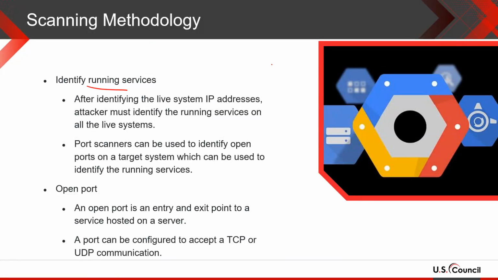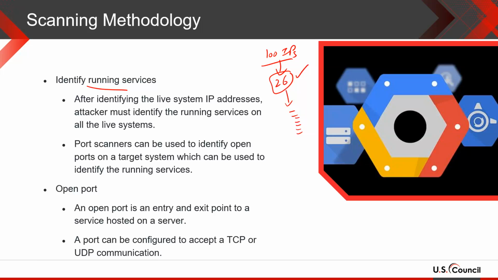So now let's say out of some 100 IP addresses in the range, a hacker has found 26 IP addresses are live. Now on these 26 IP addresses, the hacker has to see what all services are running there. So the hacker has to identify the running services.